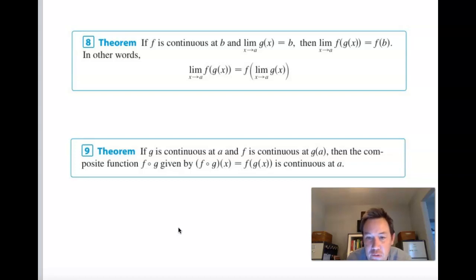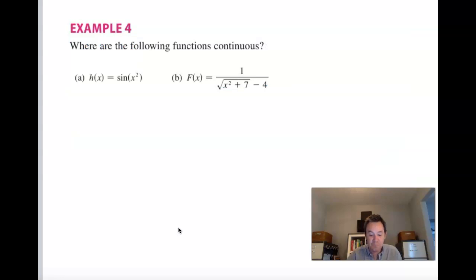So just another rule for evaluating limits, this time with composition of functions. The last theorem: if g is continuous at a and f is continuous at g of a, the composite function f of g given by f of g of x is continuous at a. So we'll see a couple examples that kind of use some of this information.